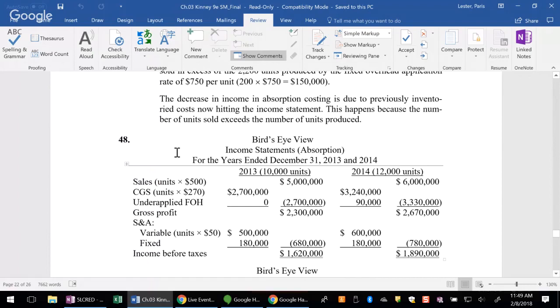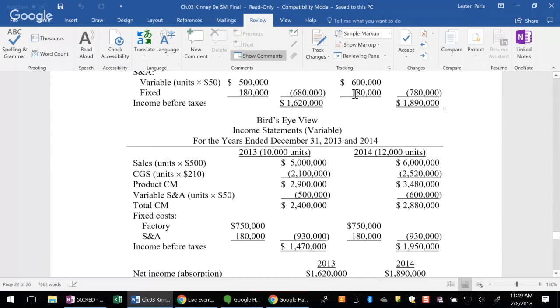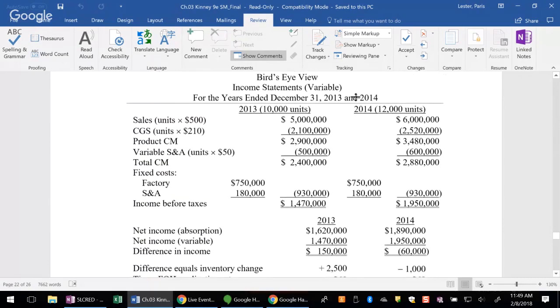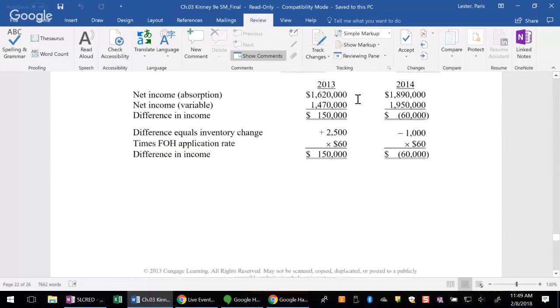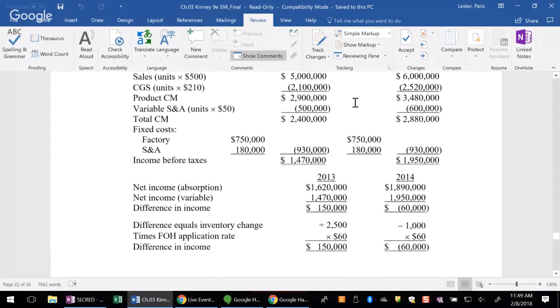Okay, here is your challenge once again. How do you find this 90,000 over under applied? Now here's what Georgia and I did a minute ago, the 150. It's 2,500 units times 60. Now the same thing works for 2014.